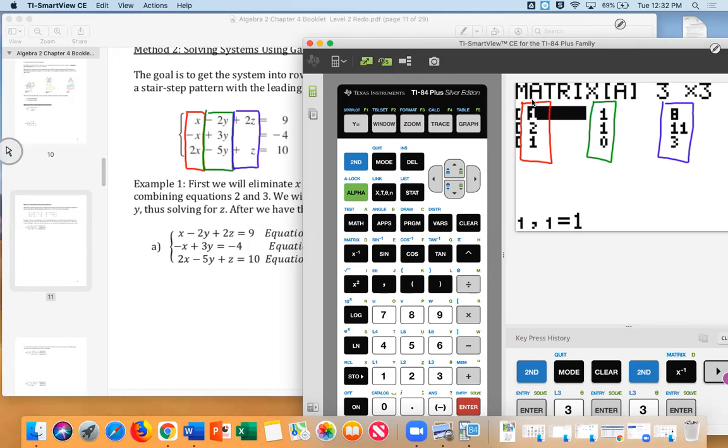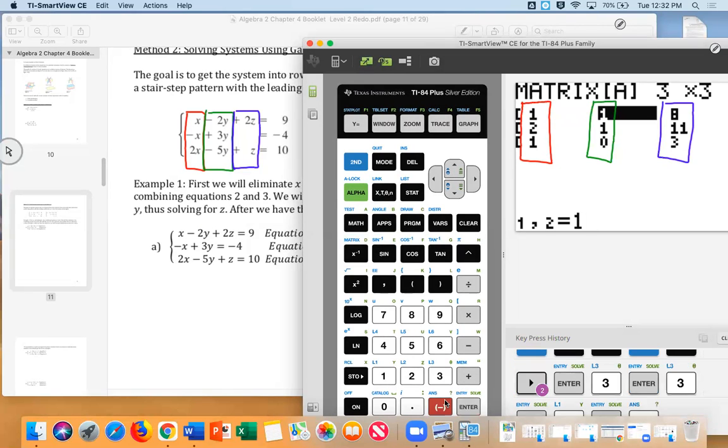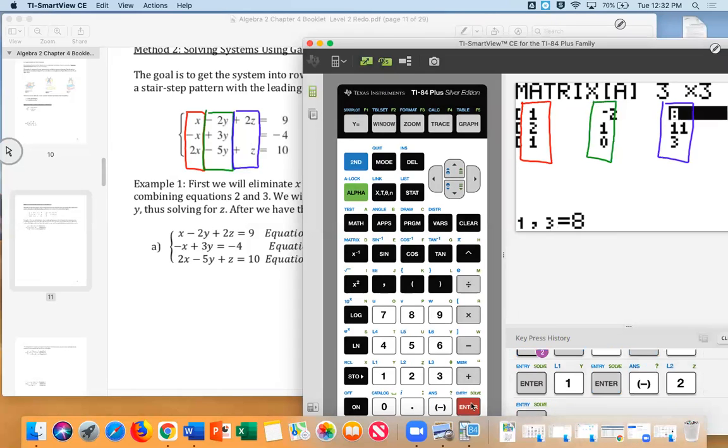So you must include the sign, okay? And if there is nothing there, it goes in as 0. So notice here, I'm missing the Z. I must include that space. It must read 0. So everybody type in 1, enter. -2, enter. 2, enter.